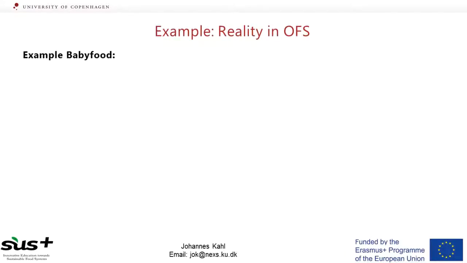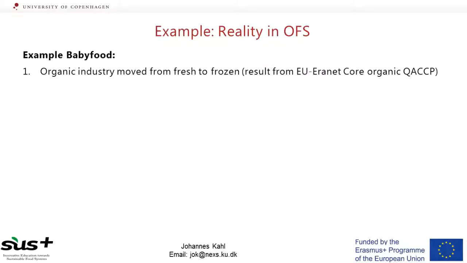Here I want to provide you with what happens in reality when more elements of the food systems are included. Some years ago we carried out an EU project on organic baby food, and we asked what would be the best way of production. We found that the organic industry used frozen carrots instead of fresh for preparation of the baby food puree, because this fits more to the production process.